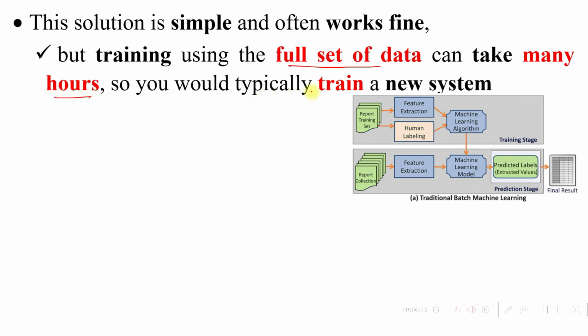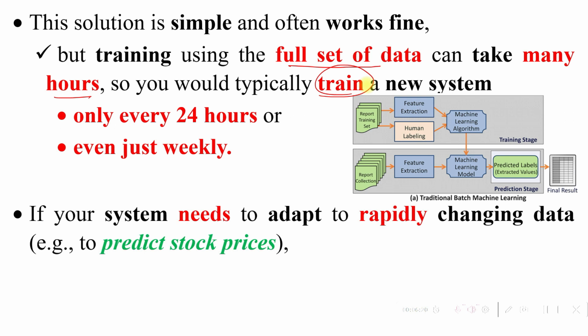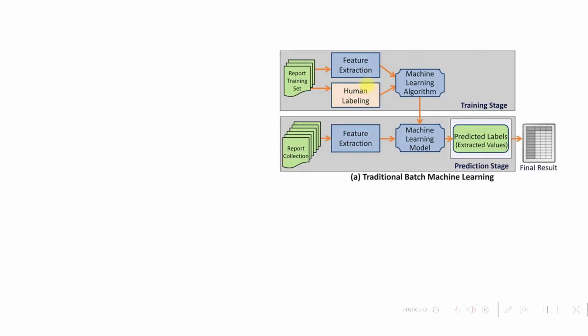So you would typically train a new system only every 24 hours or even just weekly. If your system needs to adapt to rapidly changing data, like predicting stock prices, then we need a more reactive system.